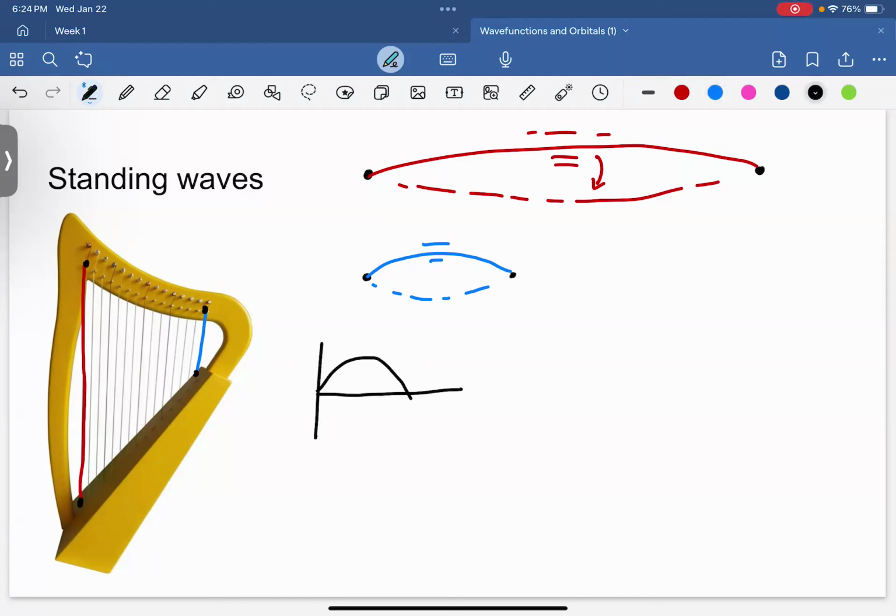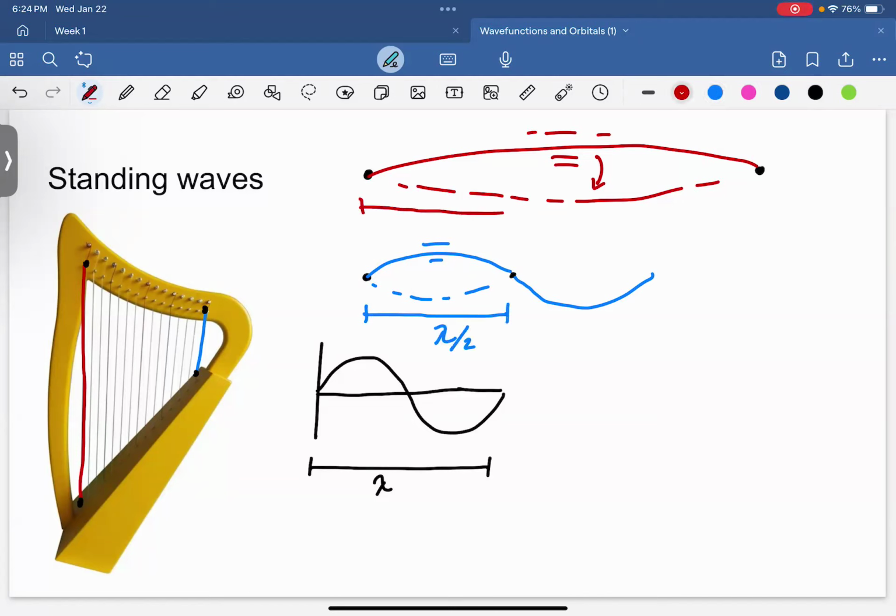A regular wave looks like this, and the wavelength corresponds to the full sine curve, which we call lambda. In each of these cases for my harp, what I've drawn is 1/2 of that wavelength, because if I were to continue my blue one, I would have to draw the other half of the full sine curve. So this distance is equal to lambda over 2, and the same thing for the red one.